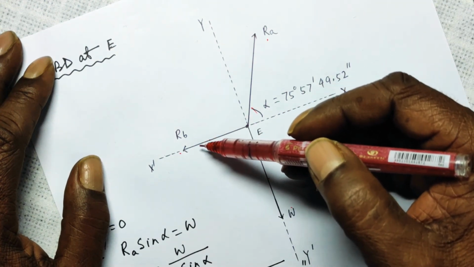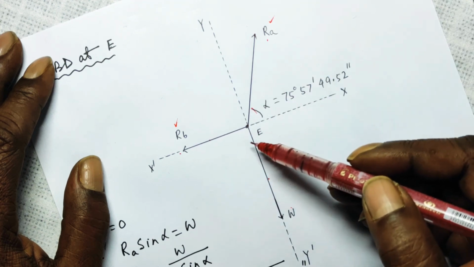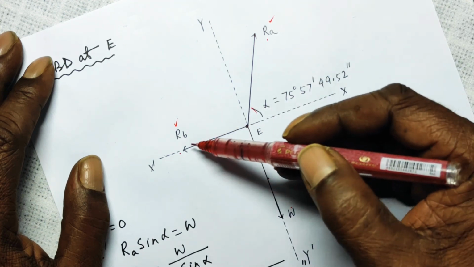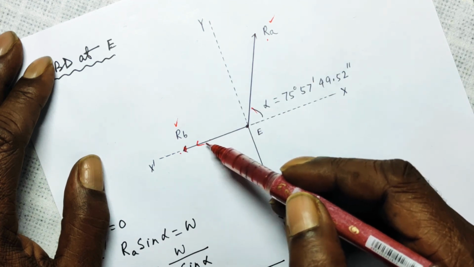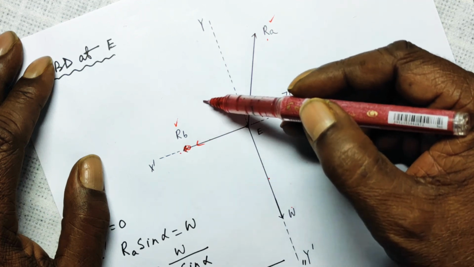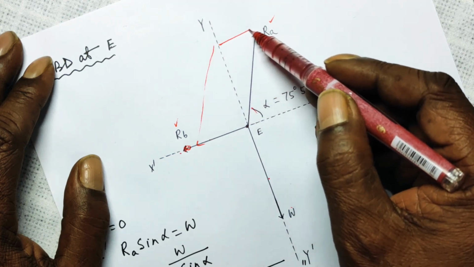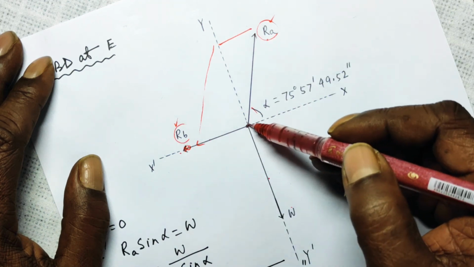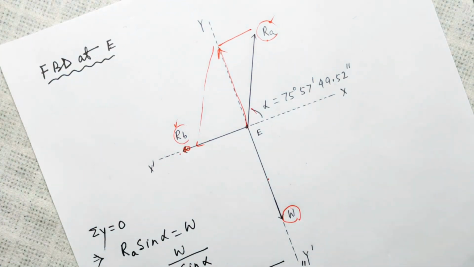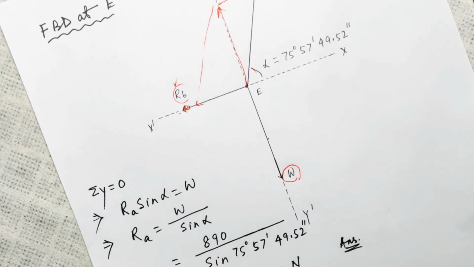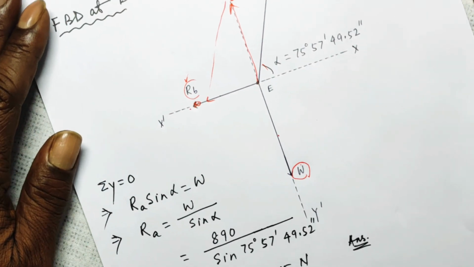Similarly, if you construct a parallelogram taking RB and RA as the two adjacent sides at this point, then the resultant of RA and RB, which will be to this side, must be equal and opposite to W to establish the condition of equilibrium. But we are not required to find the resultant. We'll split the vectors into components and make sigma x equal to 0 and sigma y equal to 0. So let us first begin with sigma y equal to 0.